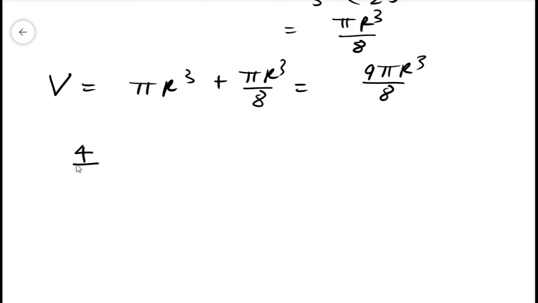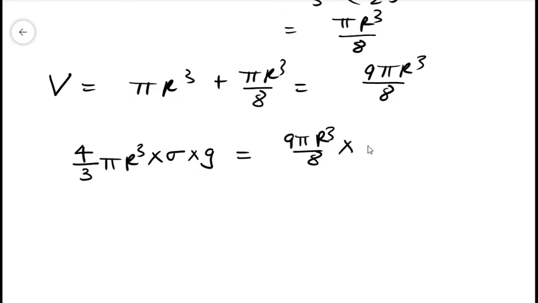So this will be 4 by 3 pi R cube into, let's say the density of the material is sigma, into g. That will be equal to the weight of the liquid displaced by the object, and that will be equal to the volume of the liquid, which is 9 pi R cube by 8, into the density of the water, let's say rho, into g, and g will cancel out.